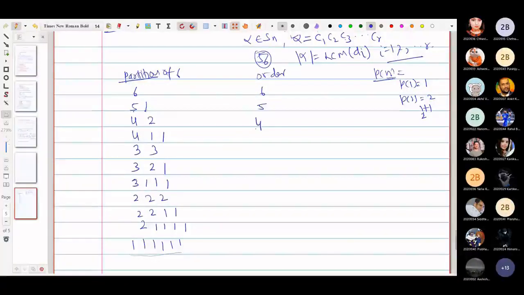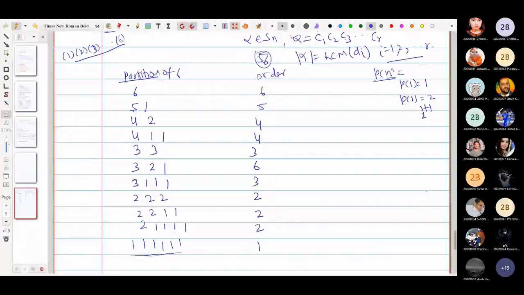This is 4, this is 3, this is 6, this is 3, this is 2, and this is 2, and this is the identity, where all elements are fixed. Single cycles, like writing 1, 2, 3 up to 6, so every element is fixed here.